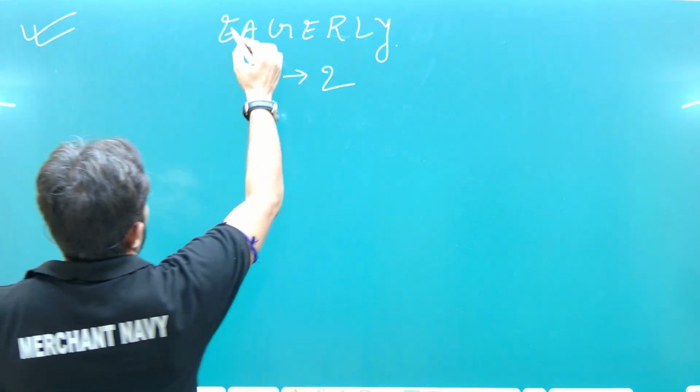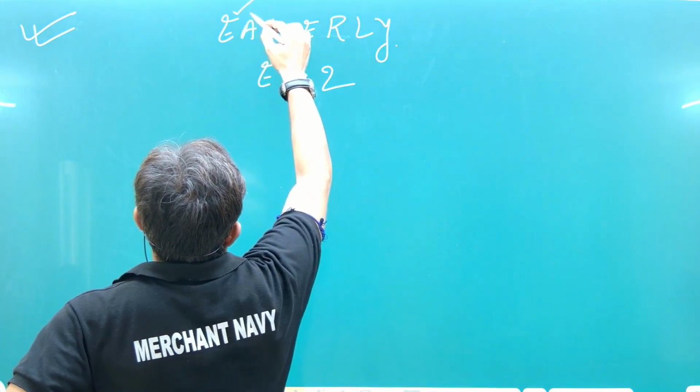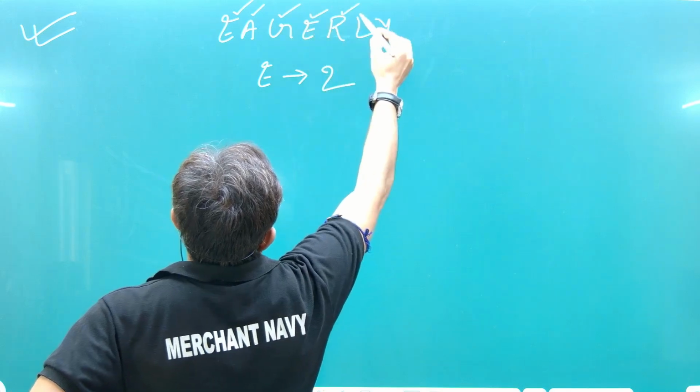How many letters in total? 1, 2, 3, 4, 5, 6, 7.